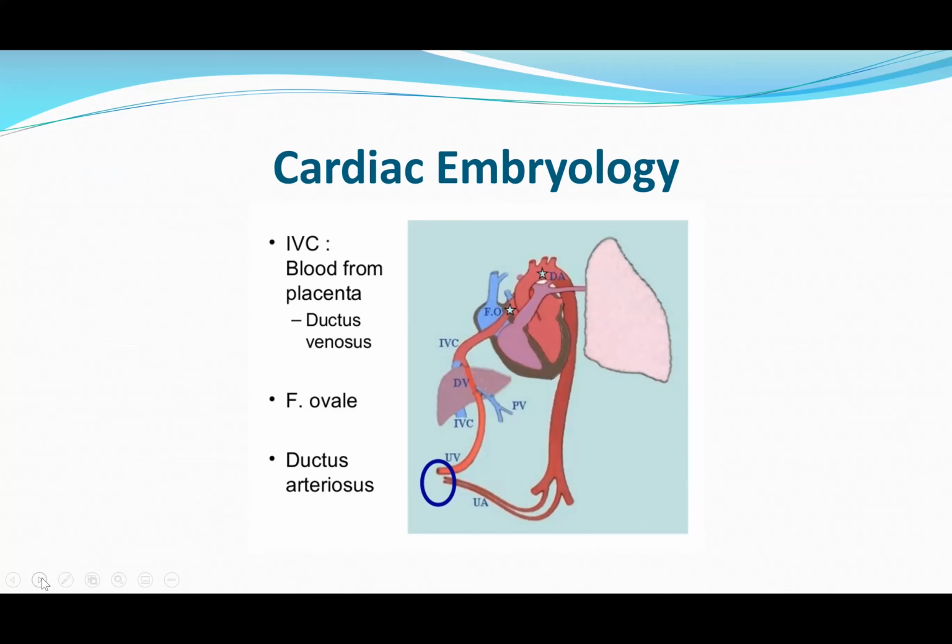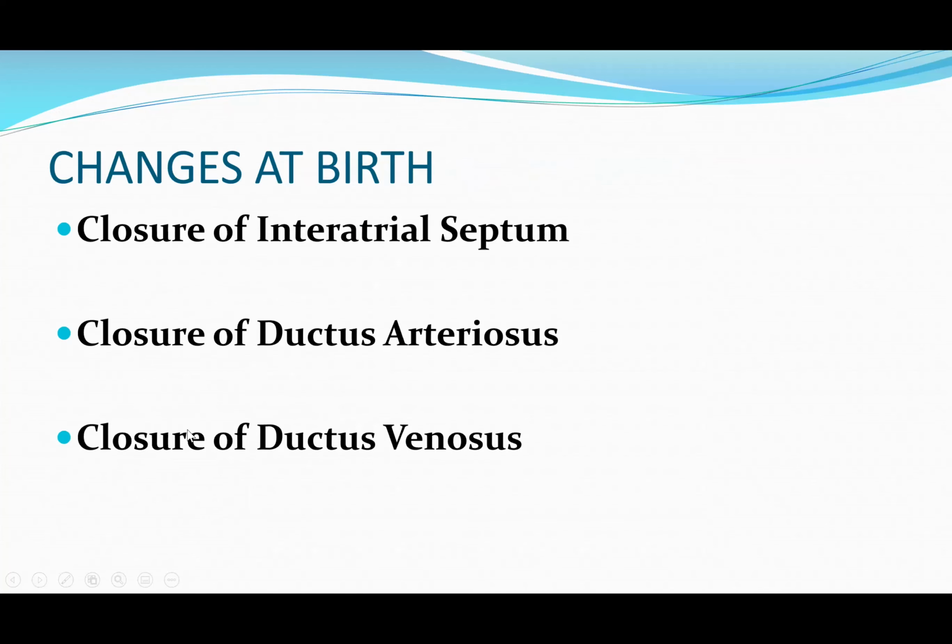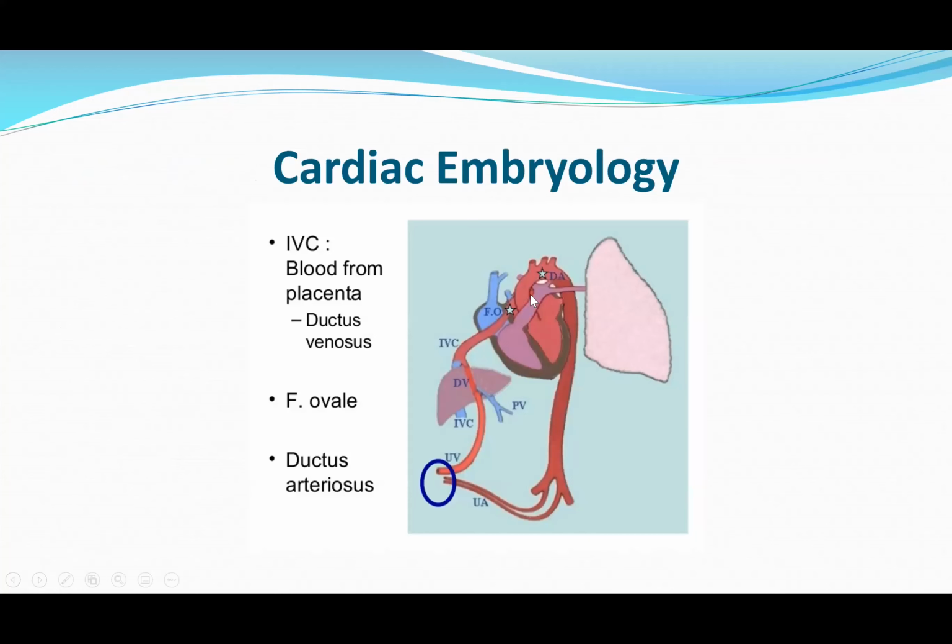So at birth, a couple of changes take place. Now, the fossa ovalis is supposed to close. About 15 to 20% of people, it doesn't close, stays open. The ductus arteriosus is here. It's a connection between the aorta and the main pulmonary artery.